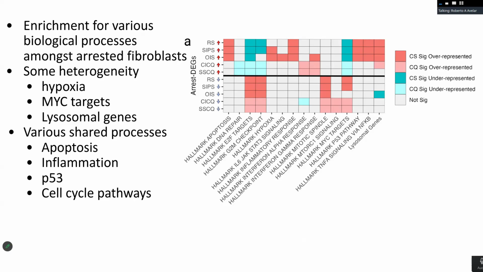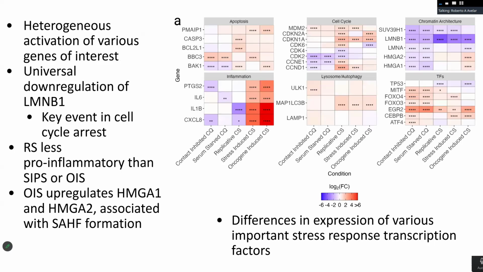However, when we consider individual genes, we start to see some more interesting results. So for example, we can see various inflammation genes that seem to be overexpressed in the stress-induced senescence phenotype and also in this oncogene-induced senescence phenotype, but are actually somewhat downregulated in the replicative samples.